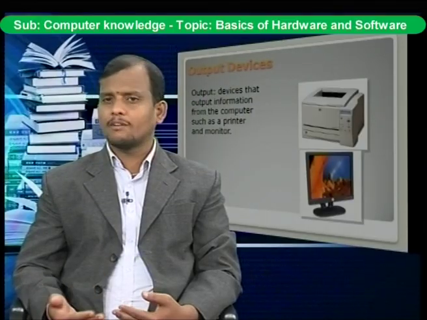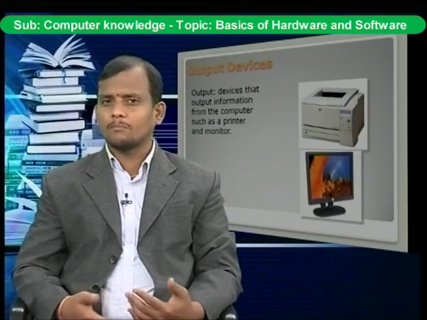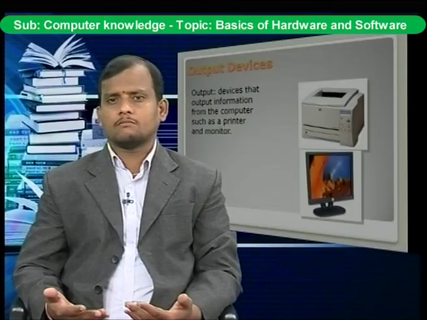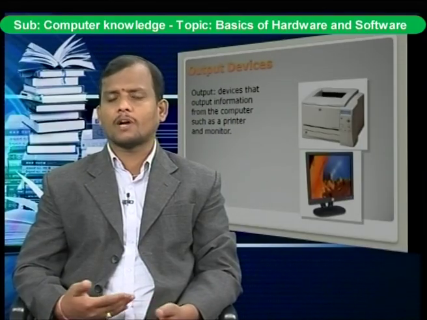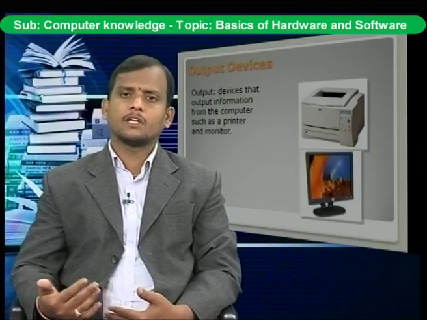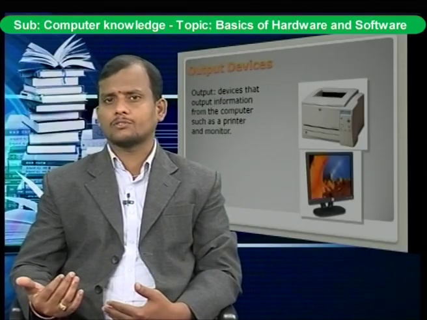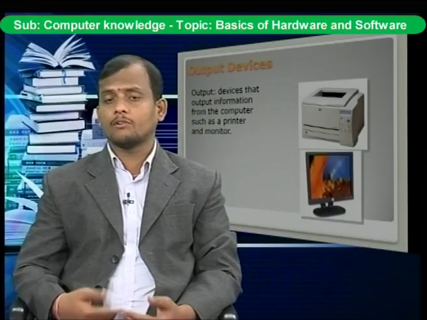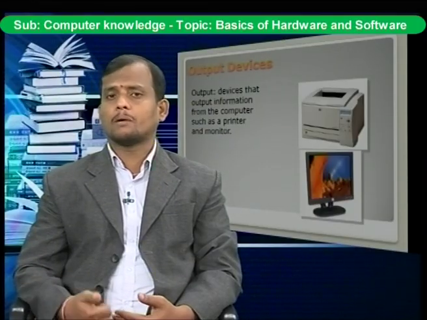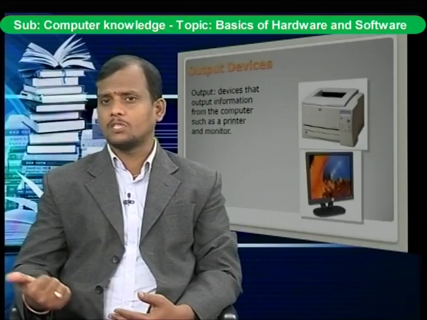You give the input to the computer, it does some process in the background, and it passes the result to the output devices like monitor or speaker, depending on the input you give. If you want to print something, the computer will pass it to the printer, which is the output device.